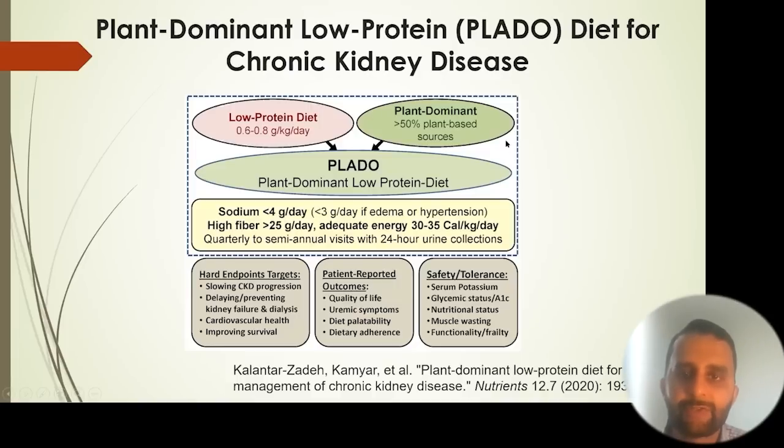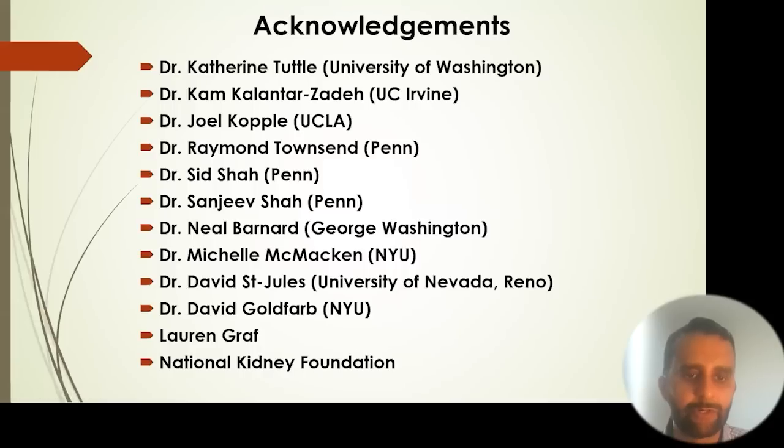It emphasizes plant sources for protein, restricts sodium, and emphasizes fiber. It's hoped that by doing so, this will prevent kidney disease, prevent the progression, prevent kidney failure and dialysis, improve cardiovascular health and survival, and overall improve things that are important to patients like quality of life and dietary palatability and adherence. So we hope that is the future.